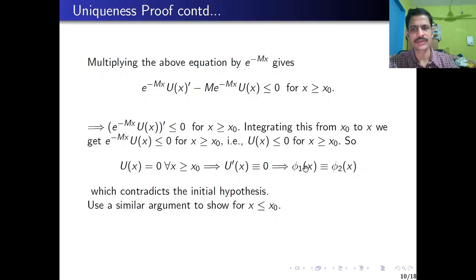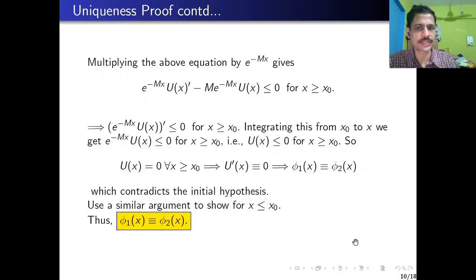So we conclude that phi1x is equal to phi2x. We can make a similar argument for x less than or equal to x naught, and we get the result there also, that phi1x is equal to phi2x. So finally phi1x is equal to phi2x for the entire domain.